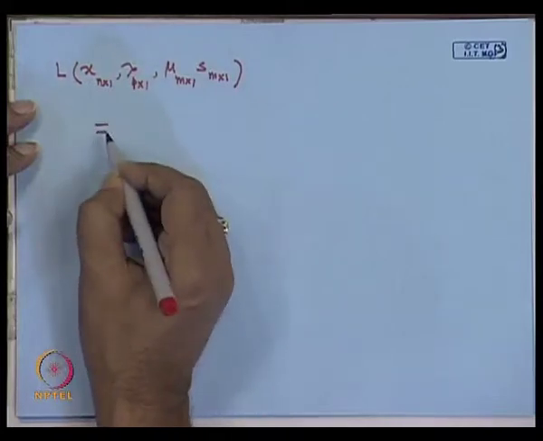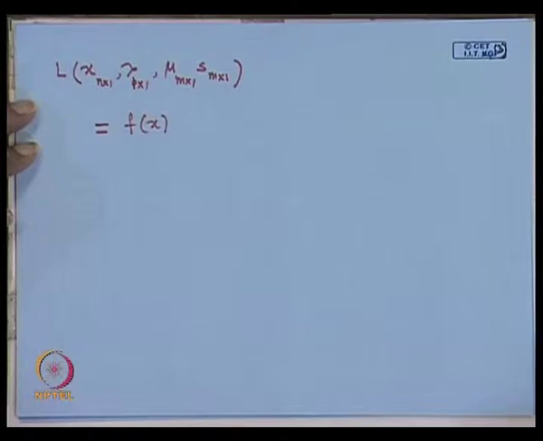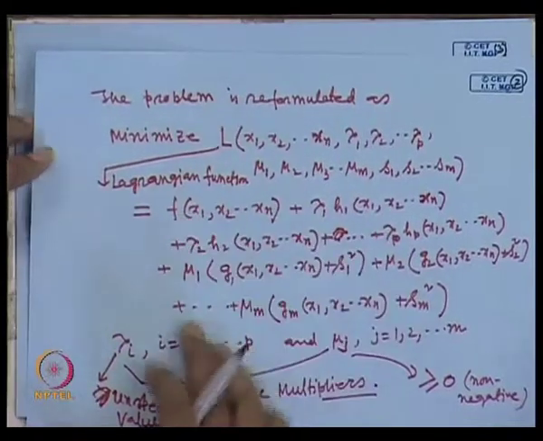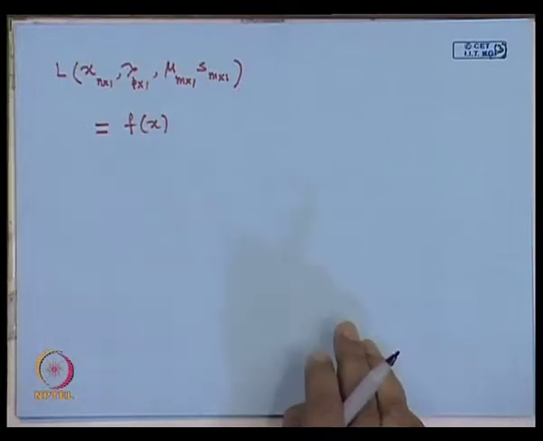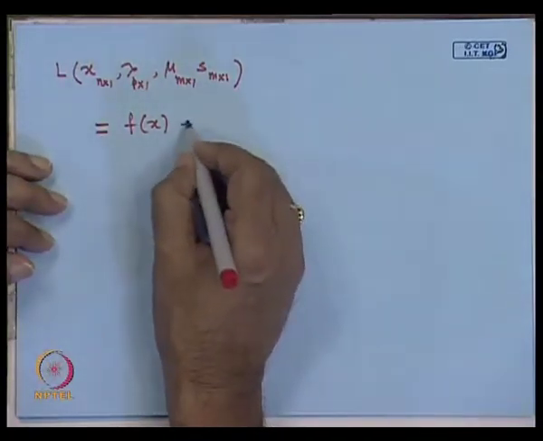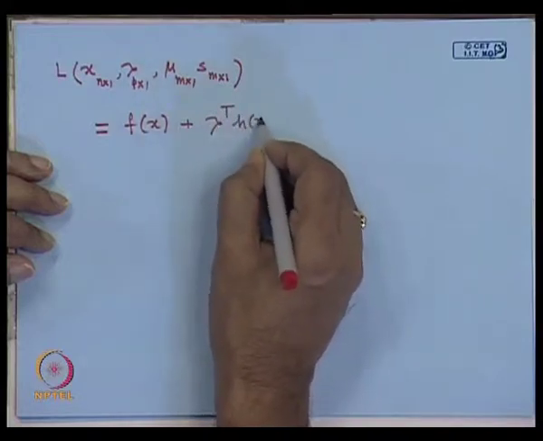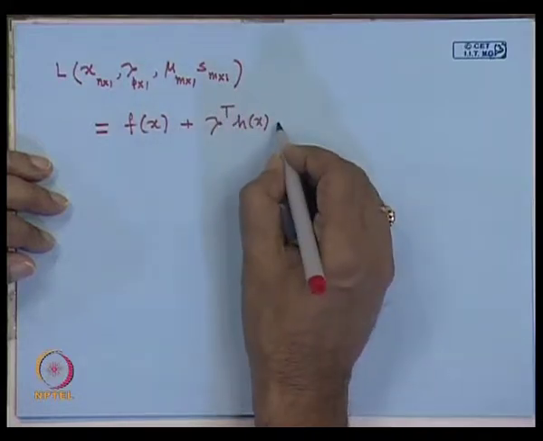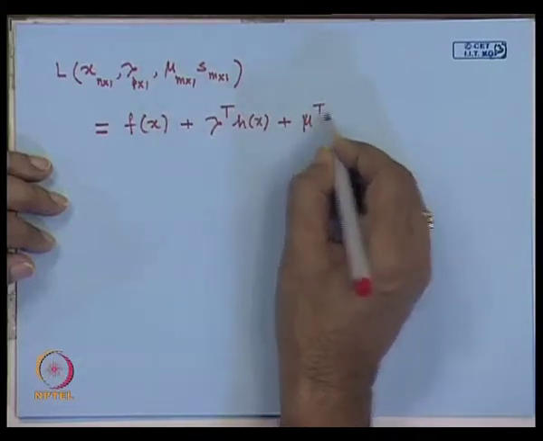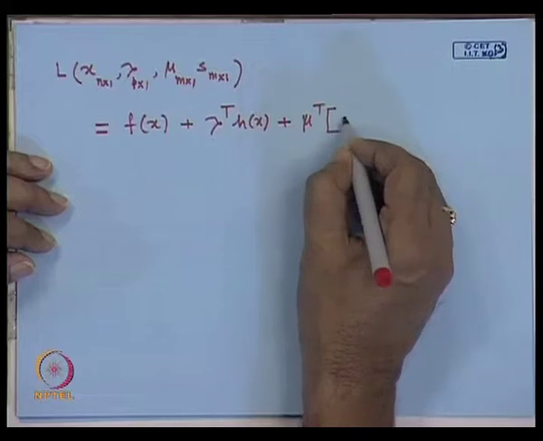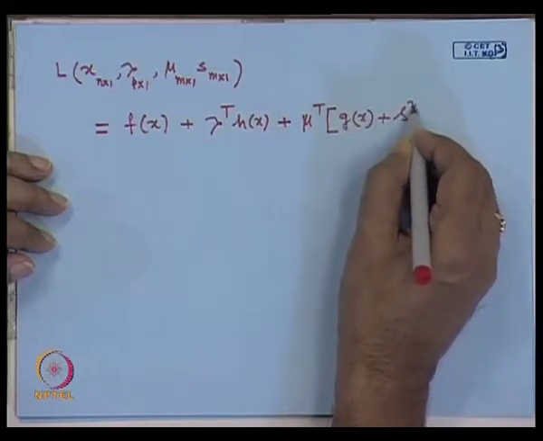L is equal to f of x, and these I am writing in vector form: plus lambda transpose h of x, plus mu transpose, then g of x plus s square.